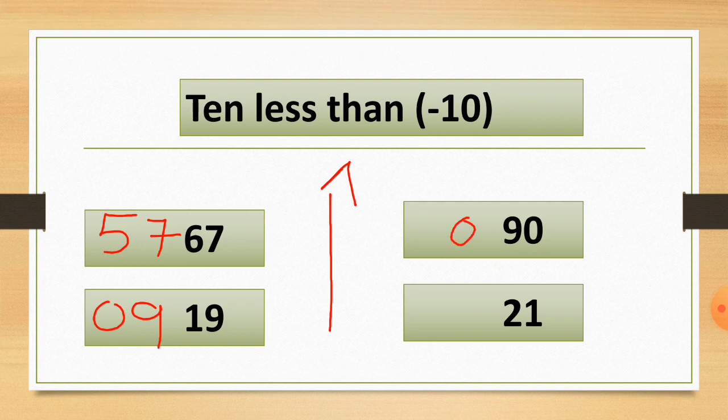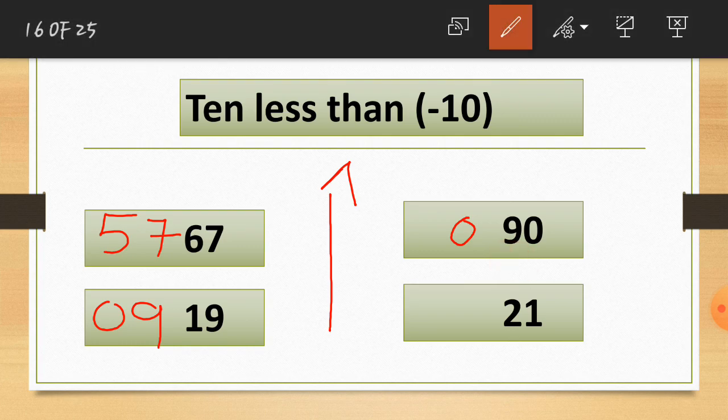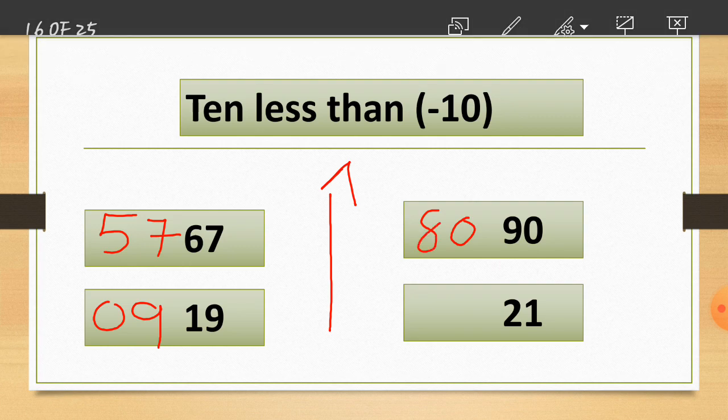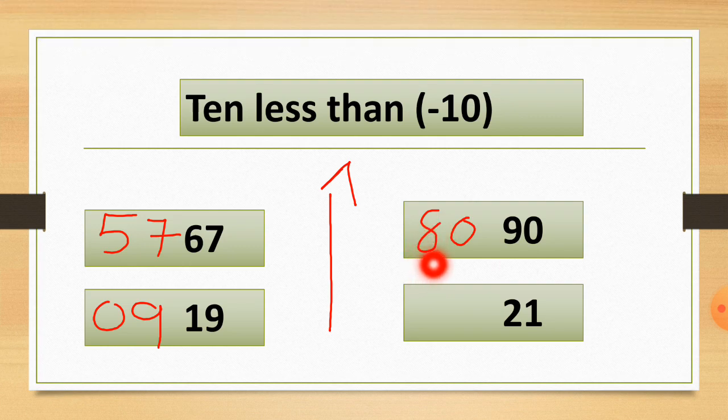Now here I write a 0, which is the ones value, and in this 9 we cut one from it, then we will get our right answer. So 9 minus 1, we cut one from the 9, and we will get the answer, which is 8, and this answer I write here. So here we get the number 80.